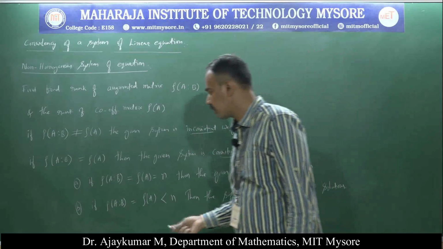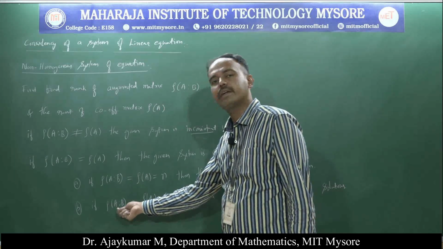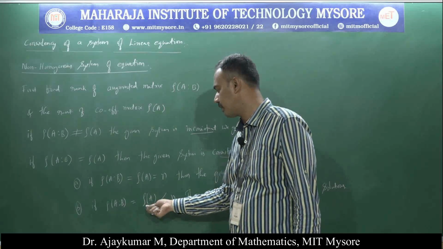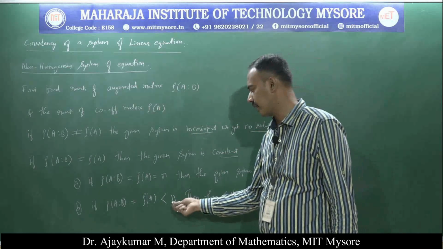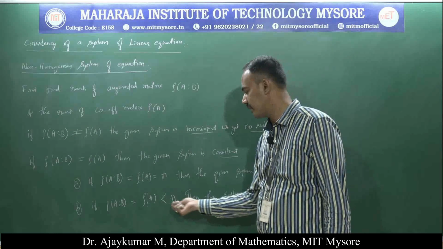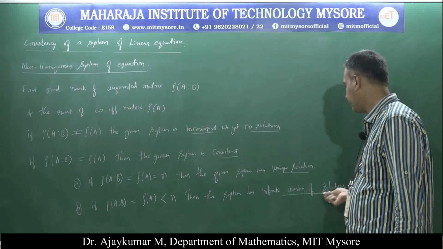Now suppose the rank of the augmented matrix is equal to the rank of the coefficient matrix, and it is less than n, the total number of unknowns. Then the system has an infinite number of solutions.